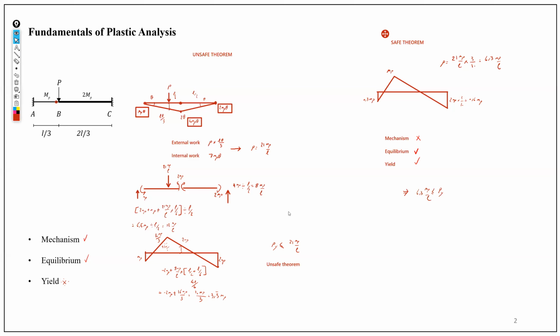Now let's assume a better approximation mechanism, and it's in fact one hinge here. Let's do this, and the other two hinges are at this point and at this point. Having obtained these two, let's solve it. Okay.